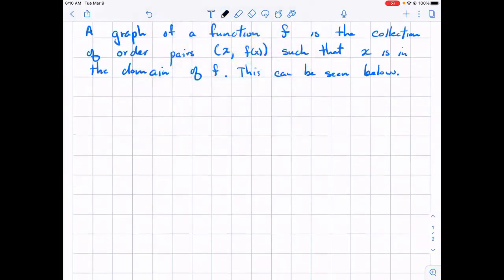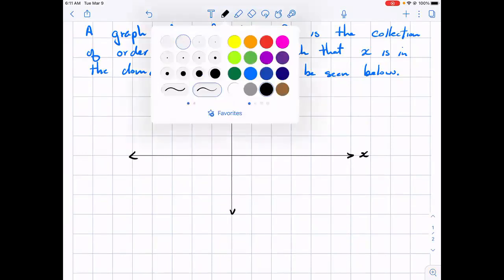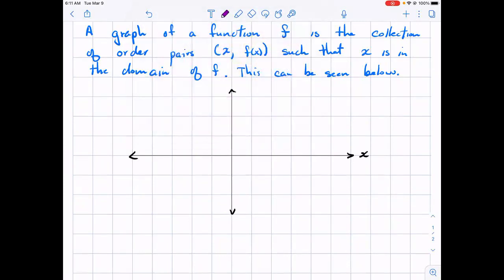It means that if we have the xy axis, and we have some function called f of x. Let's say we have a function here.